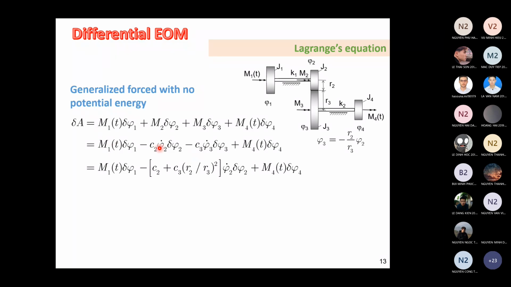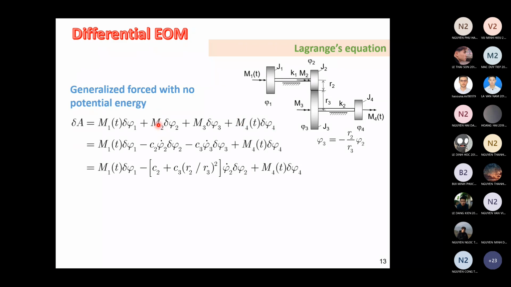The work of this moment is calculated by the moment and the angle. This is M1 multiplied with delta phi1, M2 delta phi2, M3 delta phi3, and M4 delta phi4.